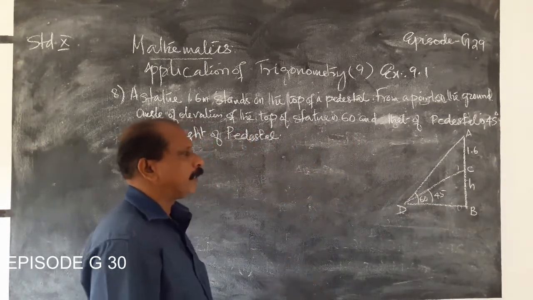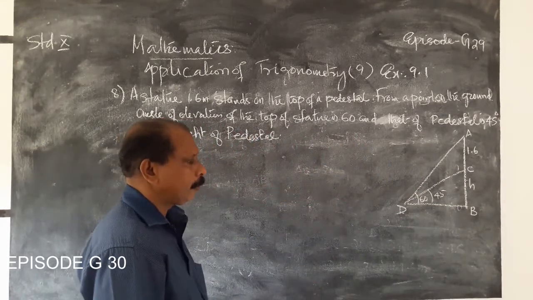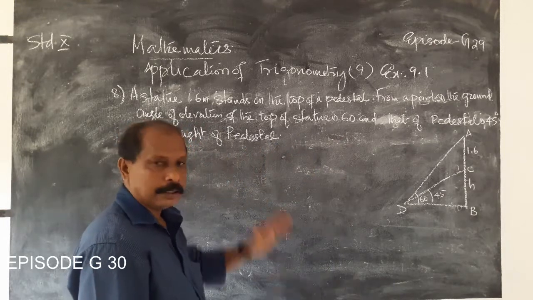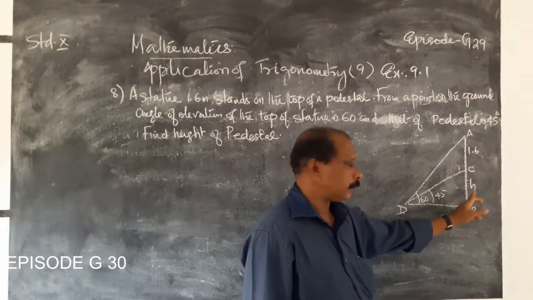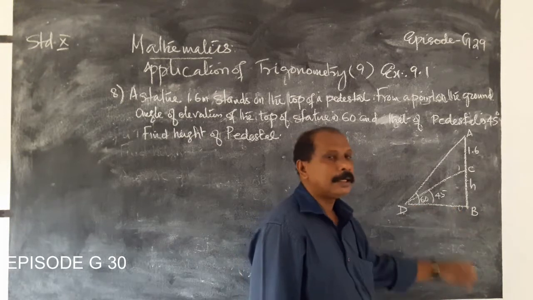Then using 60 degree or using 45 degree, the opposite side is BC, it is H, and adjacent side is DB.